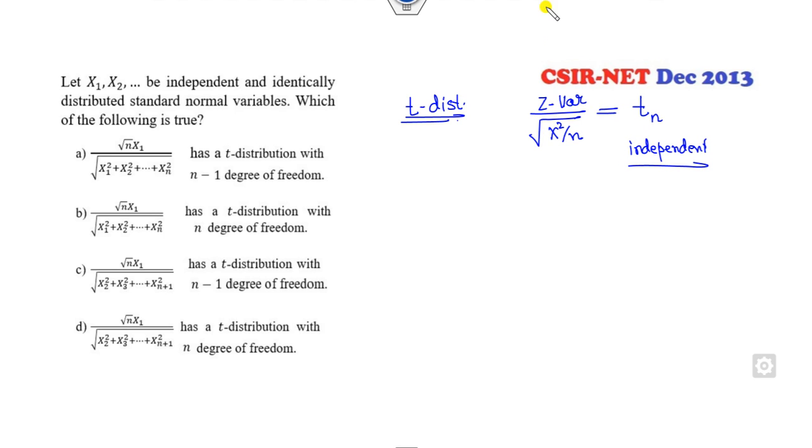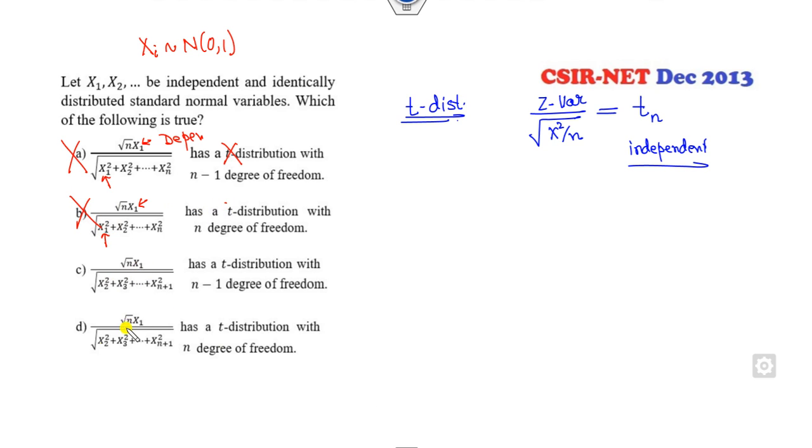Fine. This Z and X are independent. Xi's are my standard normal distribution. Now you can see X1 and X1, so they are dependent. So it is not following the T distribution. X1, X1, again the T distribution does not follow.